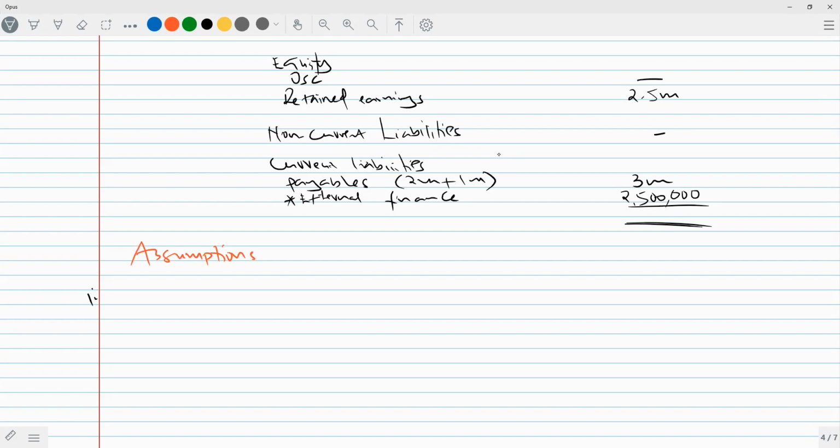One of the assumptions you normally make under the percentage of sales method is that the firm is at 100% capacity utilization.